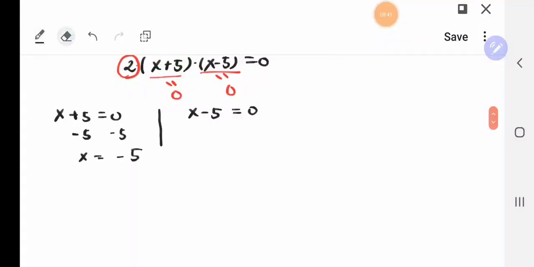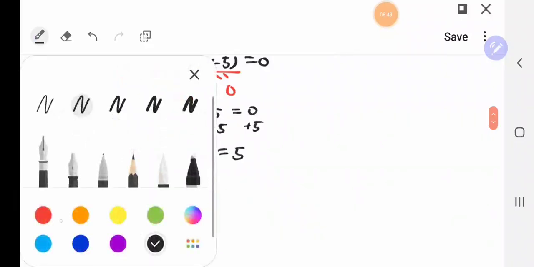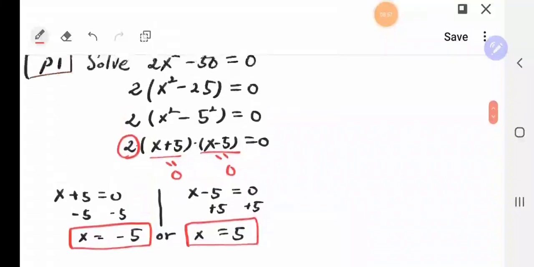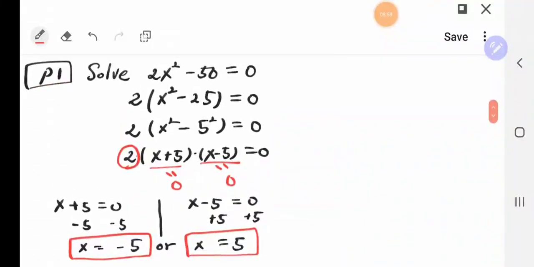Or, plus 5 each side, so that x equals 5. So we've just found two solutions, negative 5 and positive 5. These two are the solutions of this equation. Once you plug in 5 and negative 5, the equation will be true.